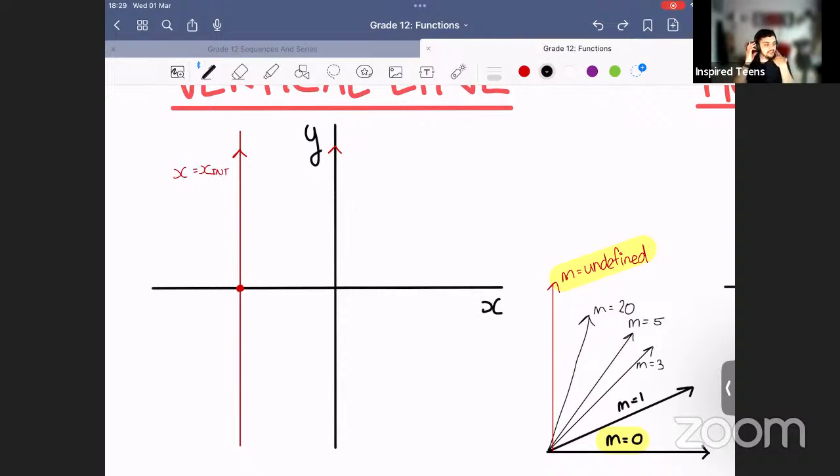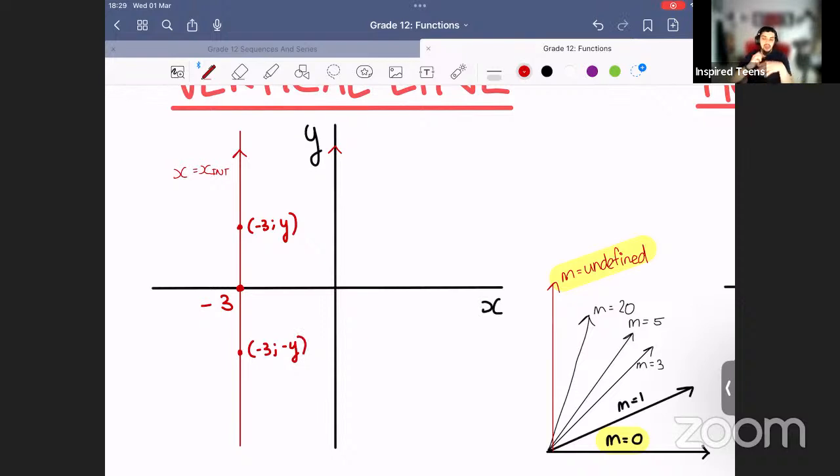However, I can simply say that x = the x-intercept. Let me show you why. Let's say this x-intercept is -3. Since this is a vertical line, any point along this line has an x value of -3. Okay, this will be a negative y value.